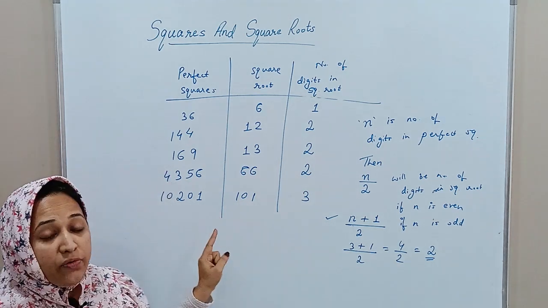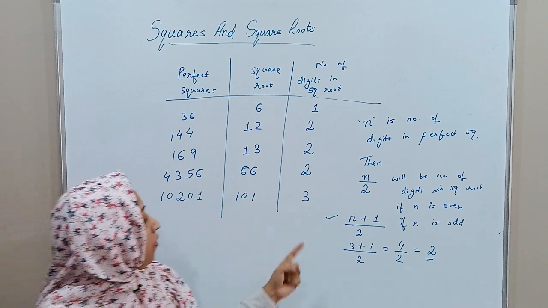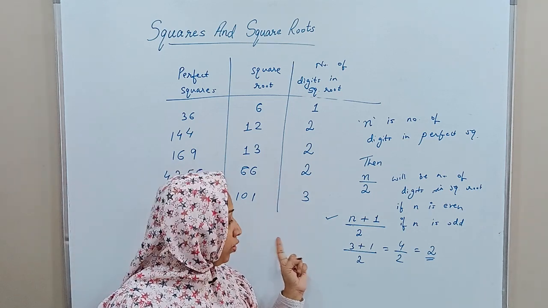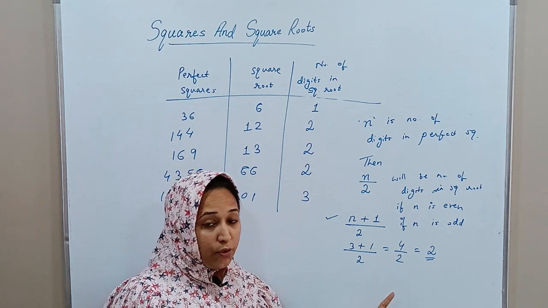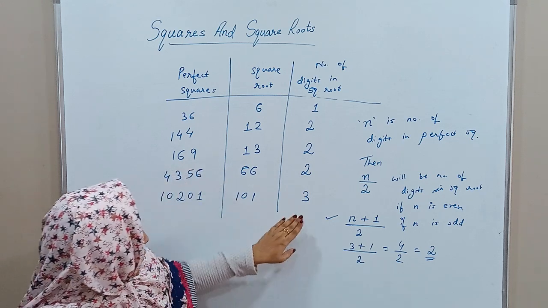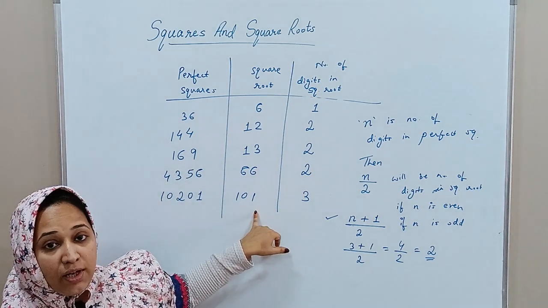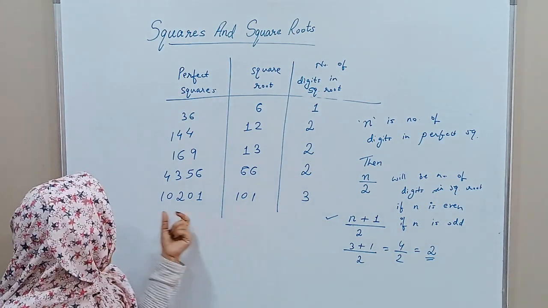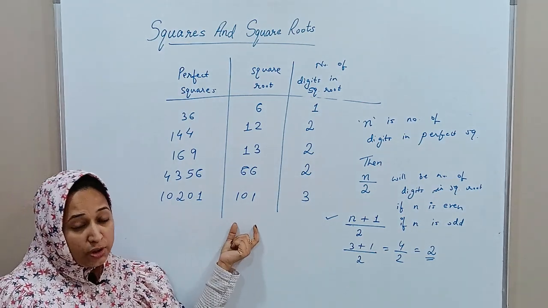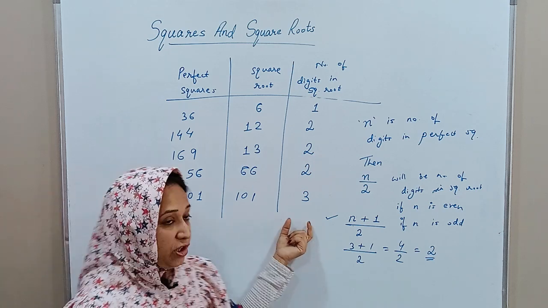So n is equal to 5, which is odd. So number of digits in the square root will be 5 plus 1 by 2, that is 6 upon 2, that will be 3. So we can see that we have 3 digits in the square root, that is 101. The square root of 10201 is 101, which is having 3 digits.